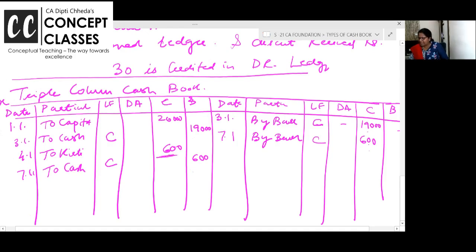So cash is getting nullified. And bank is anyhow to be debited because money is given by Kirti in the bank. So bank is the receiver. Kirti is the giver. Okay? Underline now because this is a new entry. Okay?